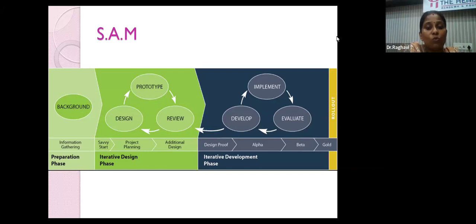Once it is used, it is evaluated and run back through the development and implementation phases. So you do information gathering, then designing, prototyping, and reviewing, and then developing, implementing, and evaluating. This is what SAM is all about.